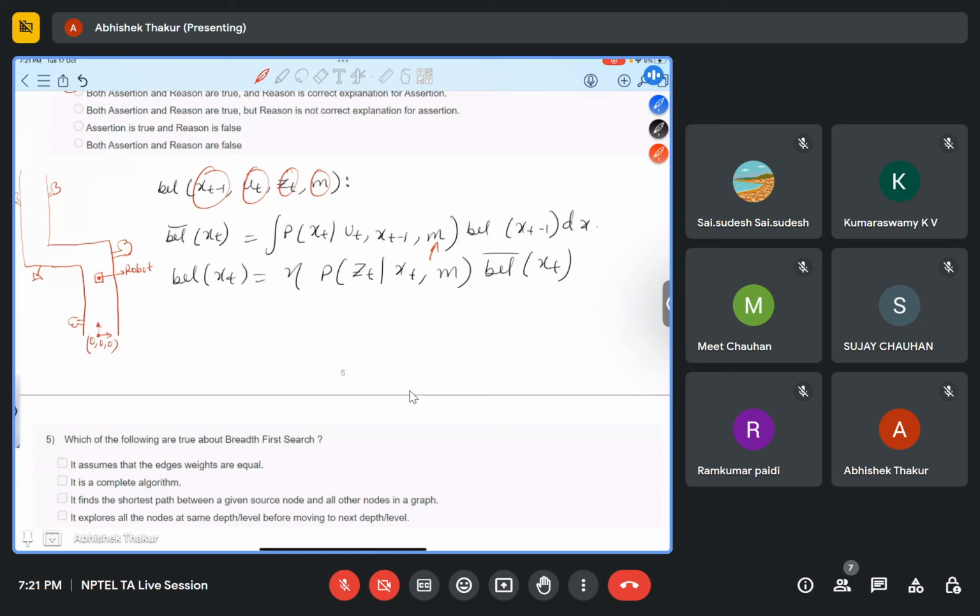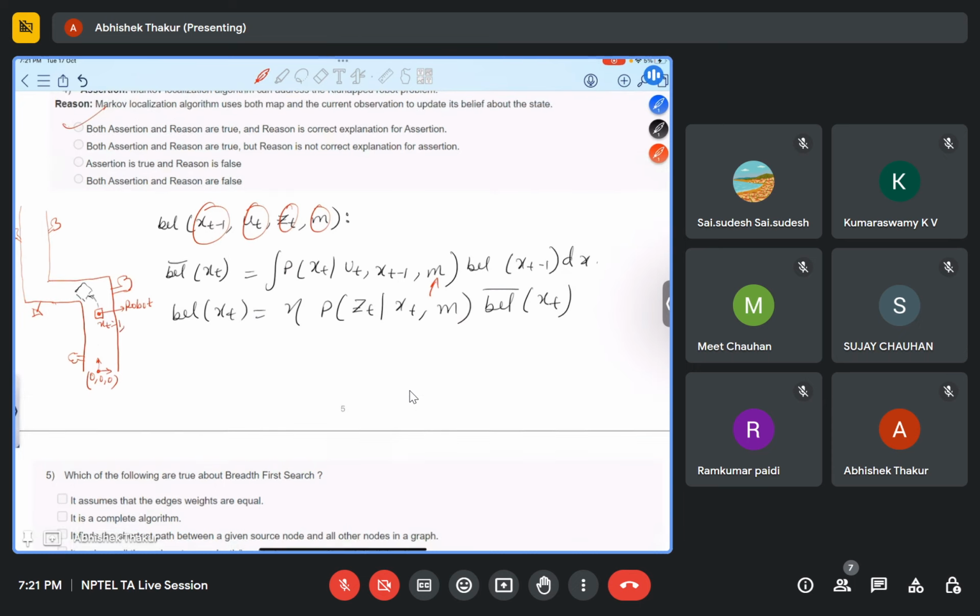So when the robot is moving in this direction, let's suppose the robot came here. So this is the robot position, that is x t minus 1 at time stamp t minus 1.